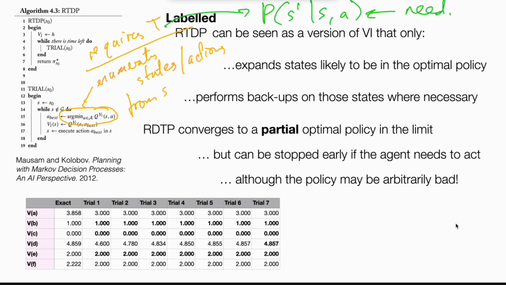So something like RTDP works if I've got a good MDP model or a good transition function written down as probabilities. And it works as long as I haven't got a huge number of actions that could be applicable in an individual state.